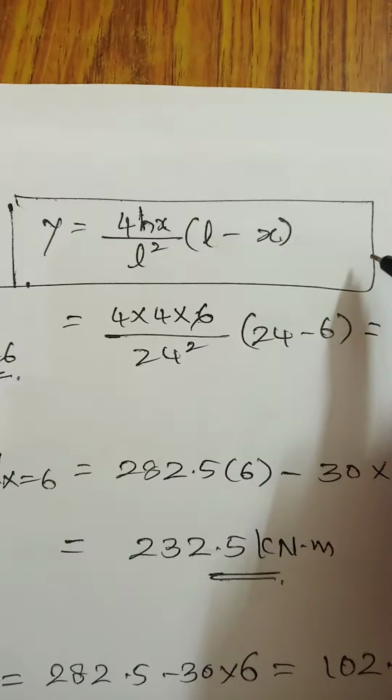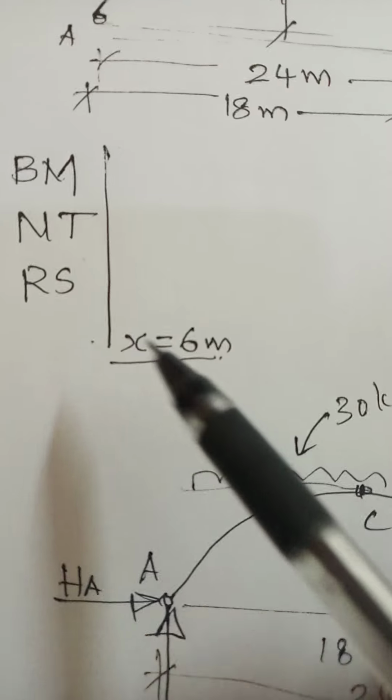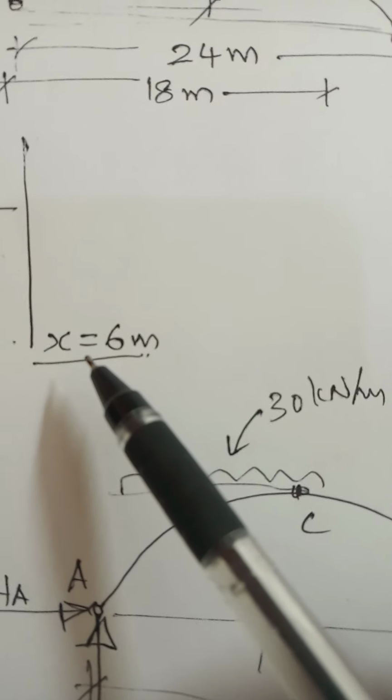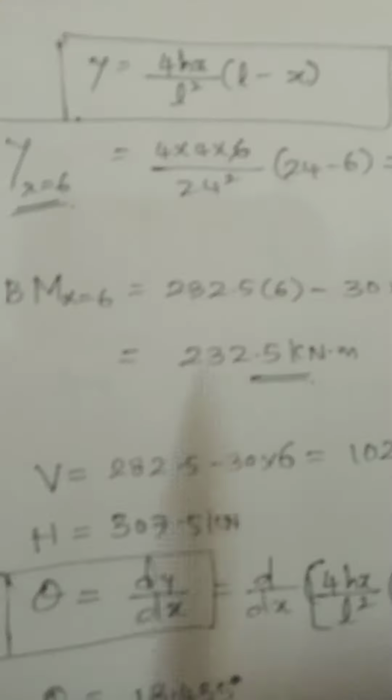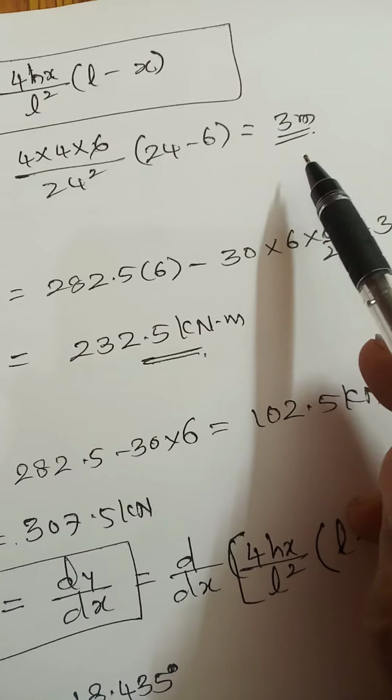We are finding the bending moment, normal thrust and radial shear at a distance of 6 meters from the left support, that is x equal to 6 meters. So calculating y at x equal to 6, it is 3 meters.